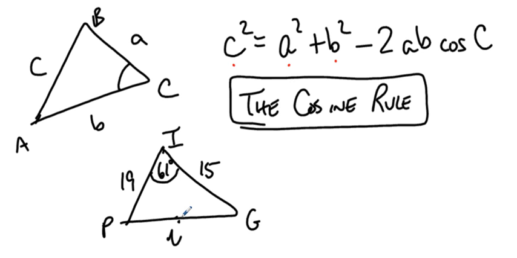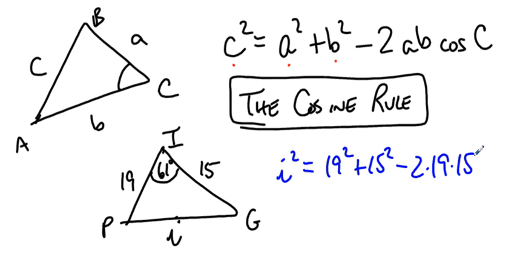It is not. So what do I do in this scenario? Well, in this scenario, I squared is this side squared plus this side squared in either order, minus 2 times side times side times the cosine of the angle between them.